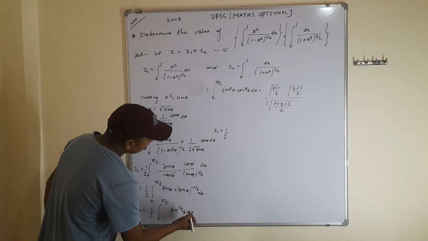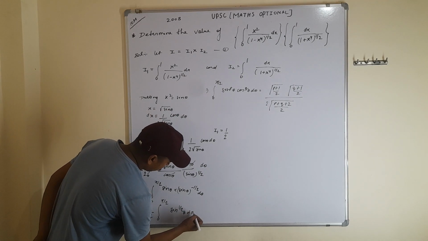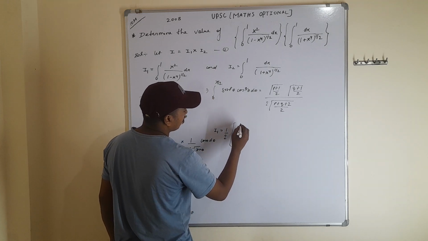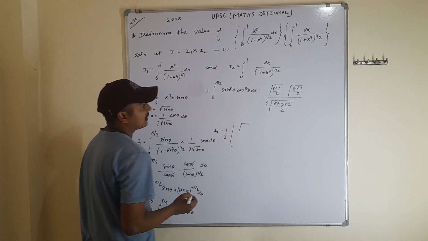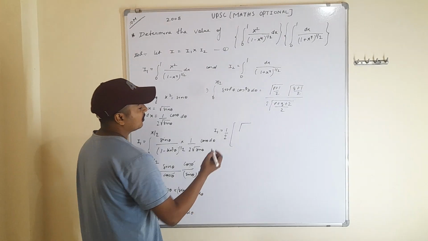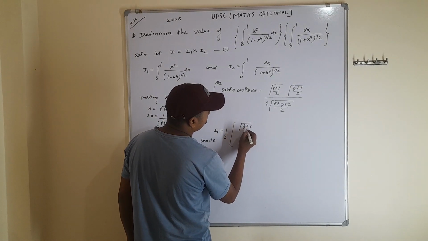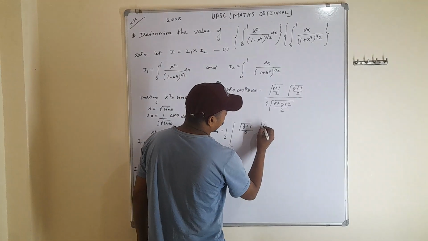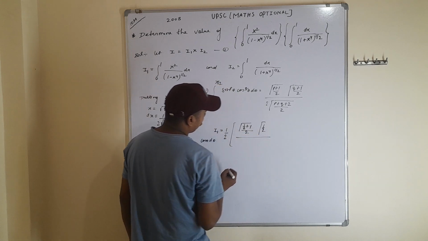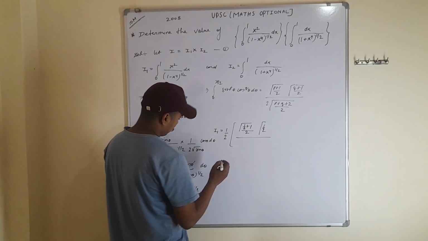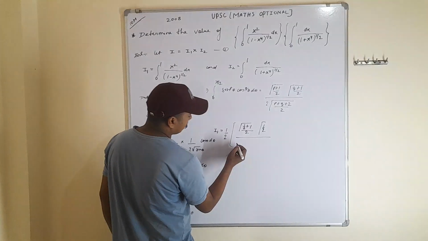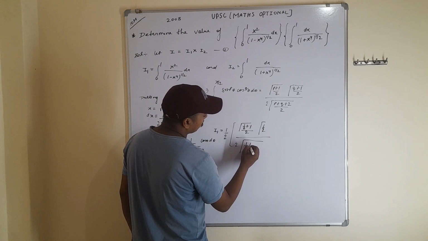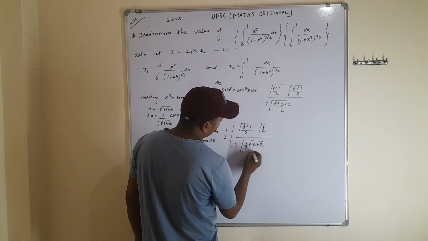Let cos theta have power 0. Putting in gamma of (p plus 1) by 2, here p is 1 by 2, so it is (1 by 2 plus 1) by 2, and q is 0, so only 1 by 2 is remaining. From the formula, 2 gamma of (p plus q plus 2) by 2, with p equal to 1 by 2 and q equal to 0.